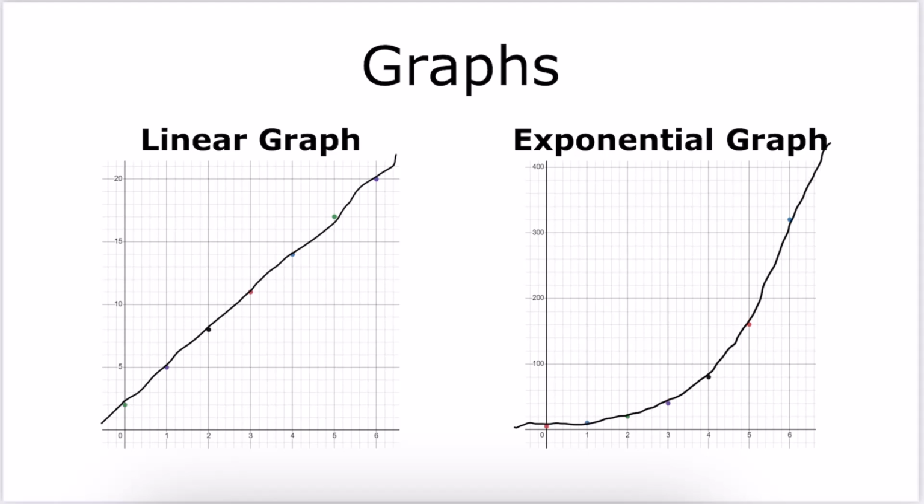So like if you look at the y-axis here, on day 6, you're already in between 3 and 400 pennies. Versus on the linear situation where you were consistently adding 3 pennies every time, on day 6, you're only at 20 pennies.